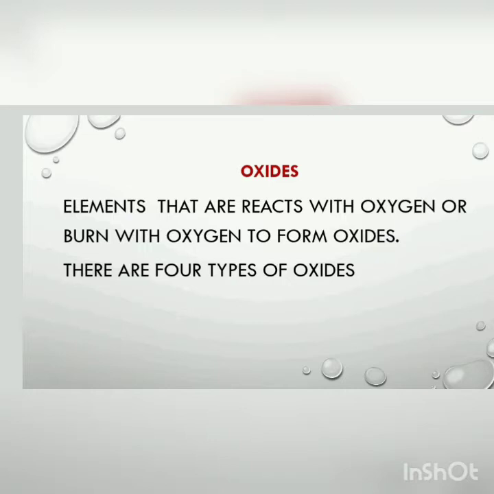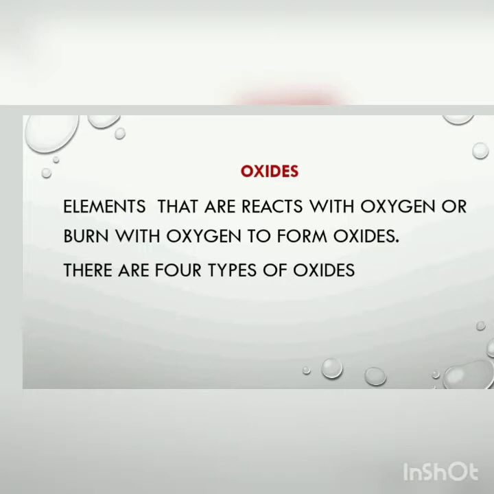Another definition is an oxide is a chemical compound that contains at least one oxygen atom and one other element in its chemical formula.